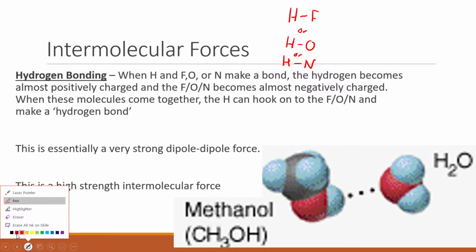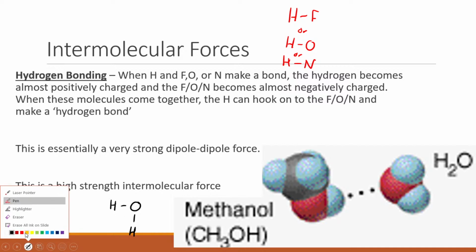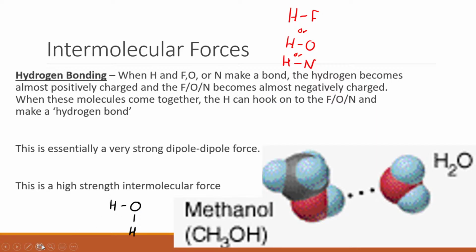If I were to draw something like water, which features one of our three bonds, that's H connected to O. And we look at the bunching up of the electrons, sort of negative, sort of positive.